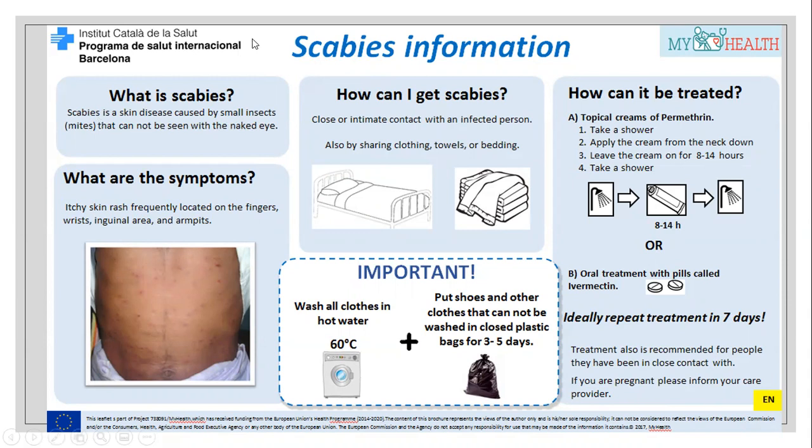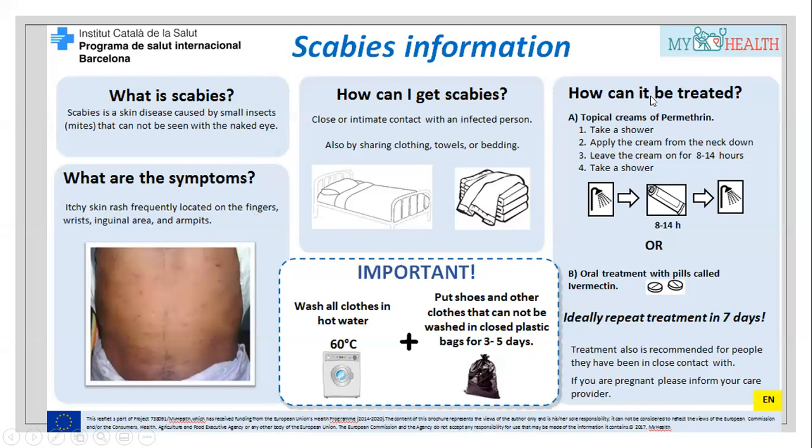The most common symptoms are an itchy skin rash frequently located on the fingers, wrist, inguinal area, or armpit. How can we get scabies? Close or intimate contact with infected persons. Also, sharing clothing, towels, even bedding.